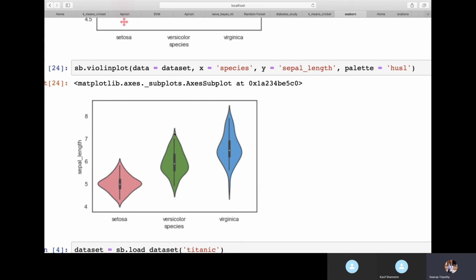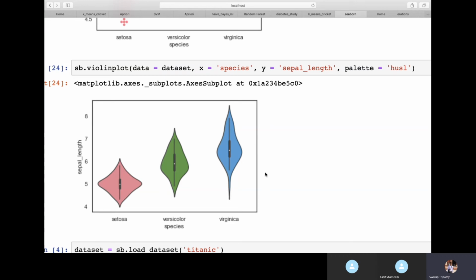So it just shows you the distribution, where the data is more. Here it shows more data towards the bottom, and here more data towards the center. This is just to analyze how the data is concentrated, and for that we can use this violin plot.